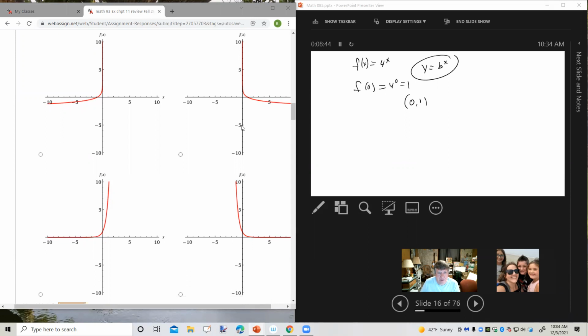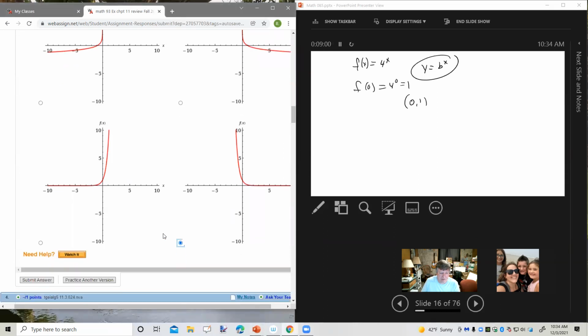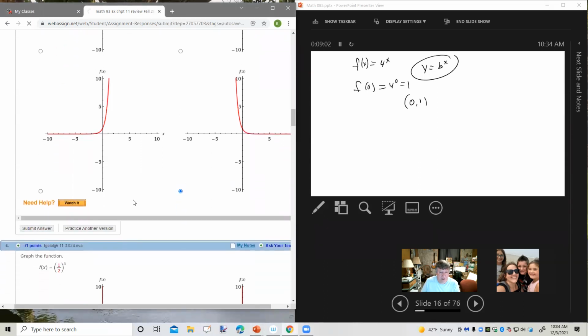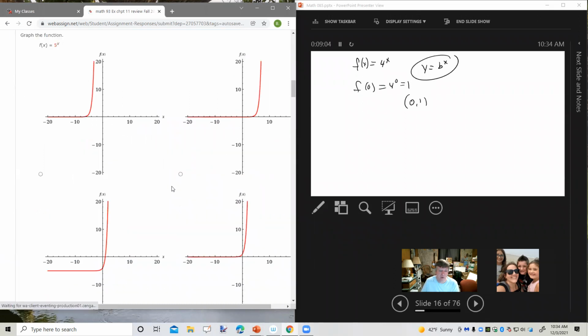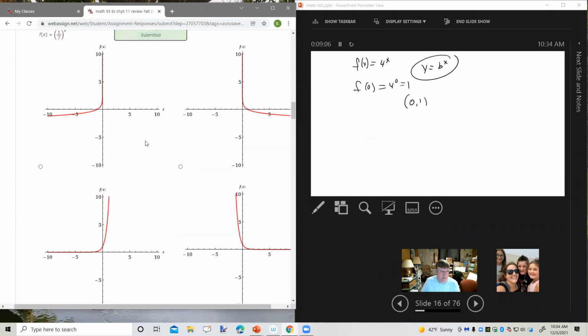Not only that, but the domain would have to be all real numbers and the range would have to be greater than 0. So this one has a vertical shift downwards, so it doesn't have a range greater than 0. It's got to be that one. Worst case scenario, you could always plot a whole bunch of points and do it that way.